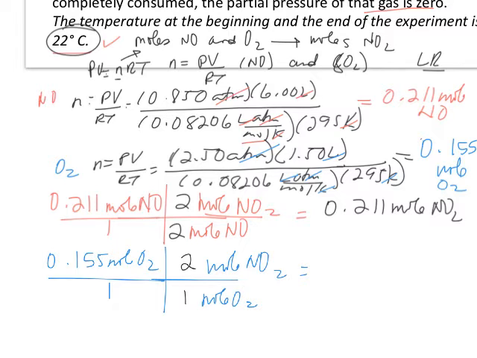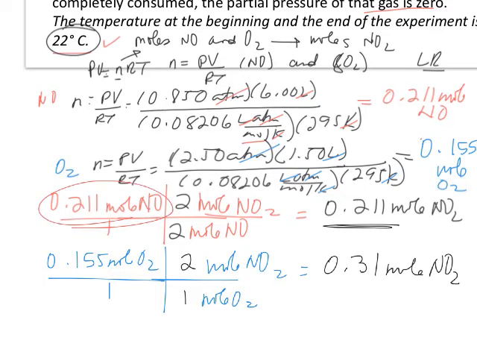So when we multiply 0.155 times 2, we get 0.31 mole of NO2. So which is our limiting reagent, NO or O2? Yes, this is smaller. So our limiting reagent is NO.